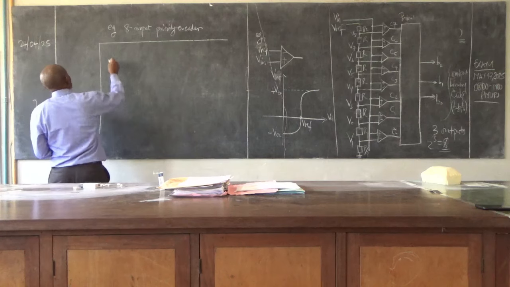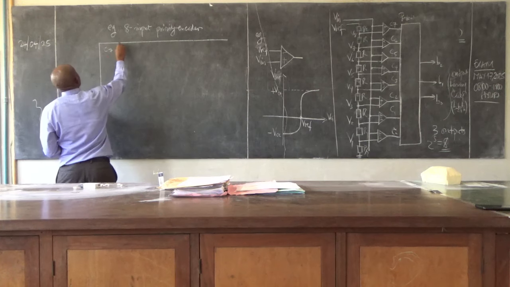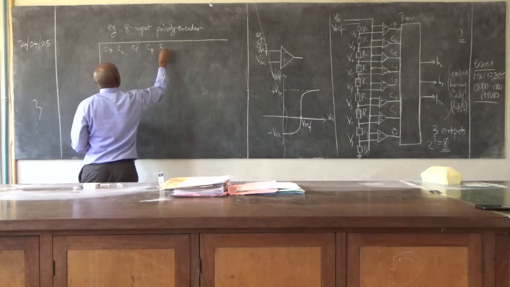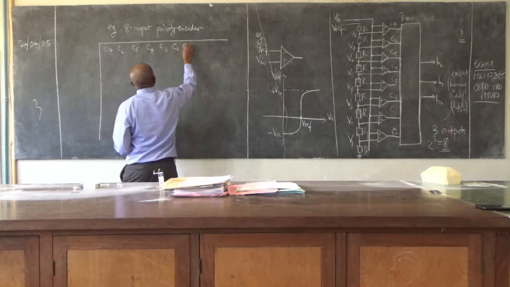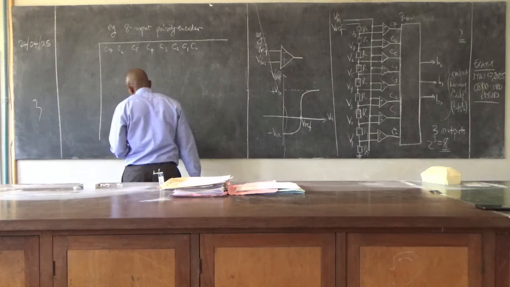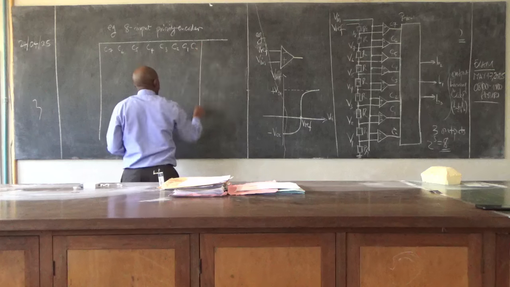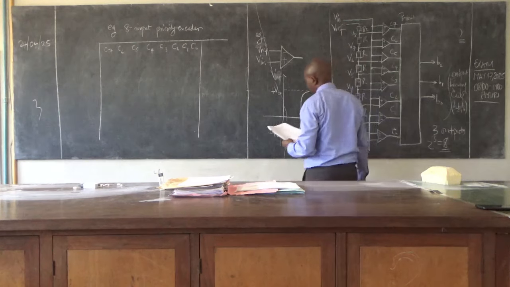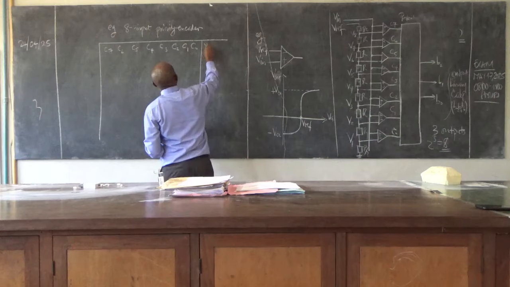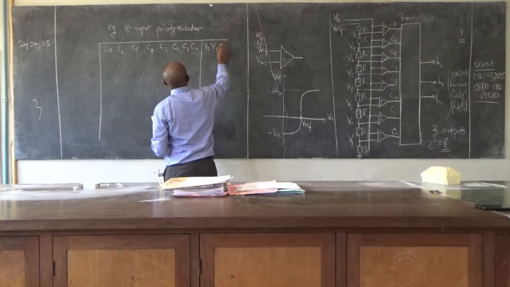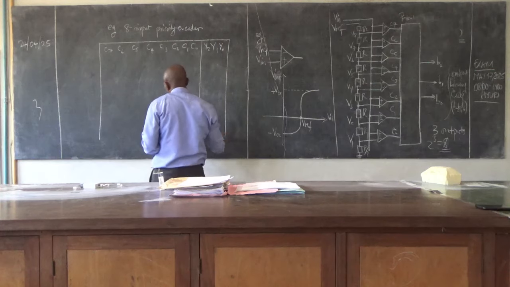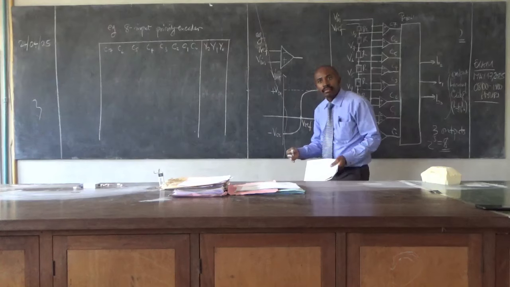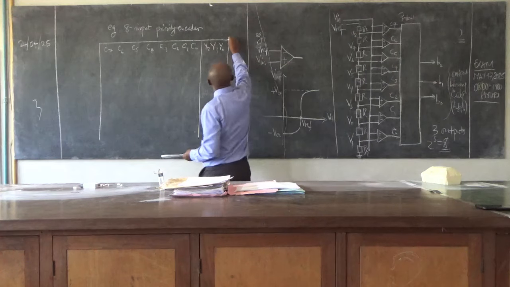So we got C7, C6, C5, C4, C3, C2, C1, C0, and then we shall have our outputs here as Y2, Y1, Y0, and then finally have an equivalent in base 10, the decimal equivalent.